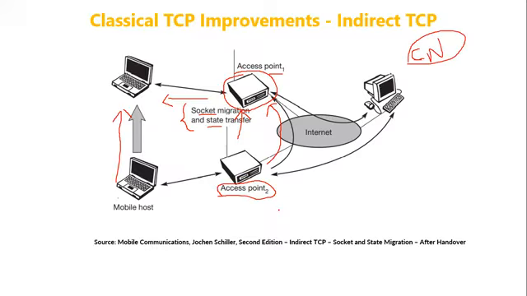The correspondent node does not know anything about the partitioning. So a crashing access node may also crash applications running on the correspondent node. If the access point crashed, that is, if the foreign agent crashed, then that packet would be lost, but the correspondent node does not know anything about that.